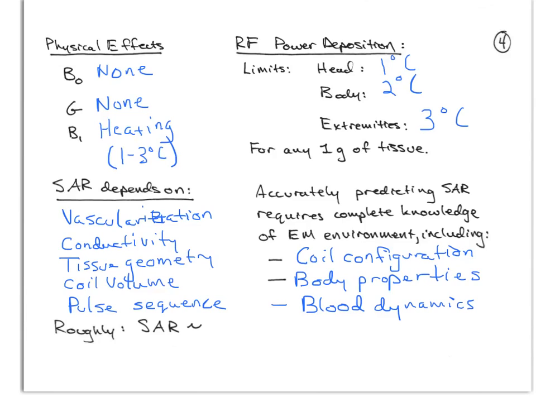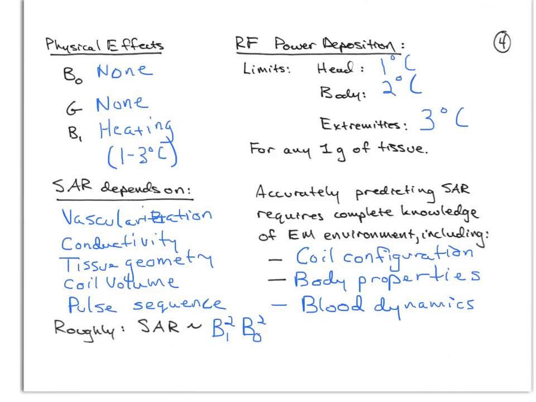Roughly, though, if you ignore body dependence for the most part, which is actually okay at lower field strengths, you can say that SAR is proportional to B1 squared, the magnitude of the RF field squared, times B0 squared. You get the increase with B0 squared because the electric field, by Maxwell's equations, is dependent on the time derivative of the magnetic field, right?